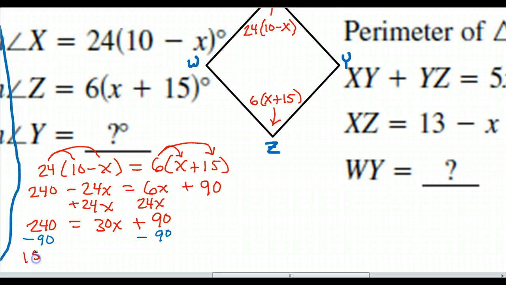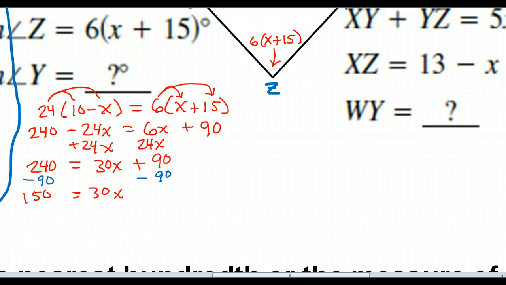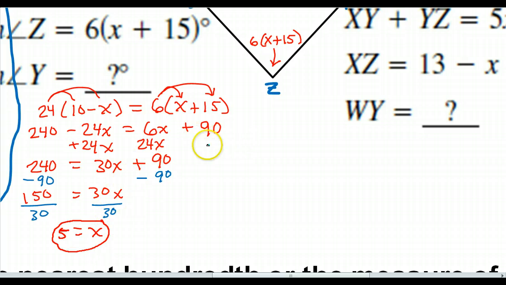So that is 150 equals 30x. Time to divide by 30. So that's going to give us x equals 5. So x equals 5. But again, that is not the final answer.